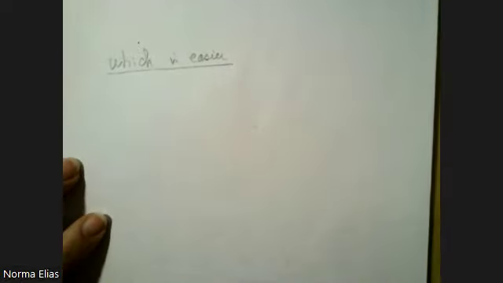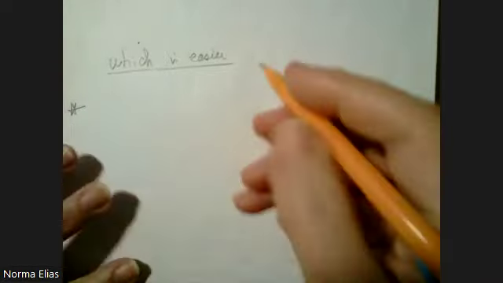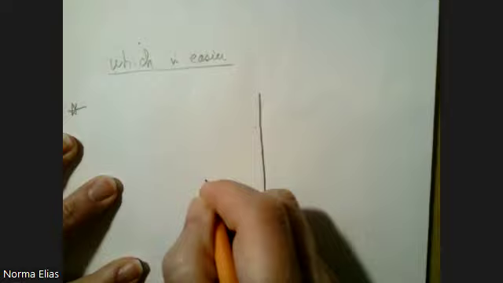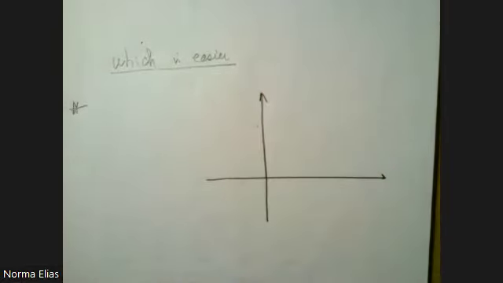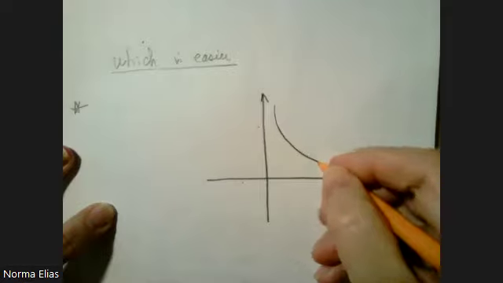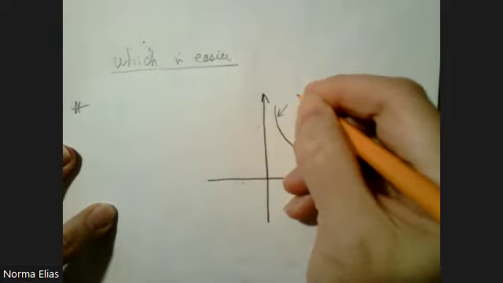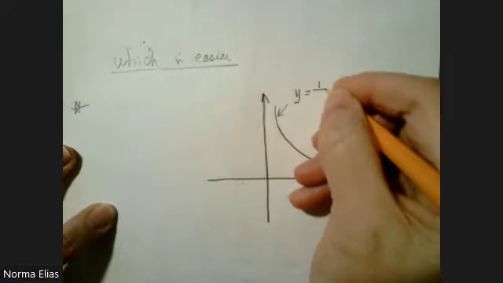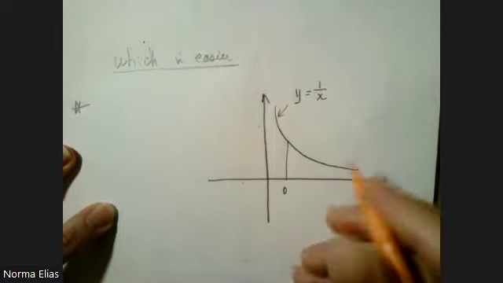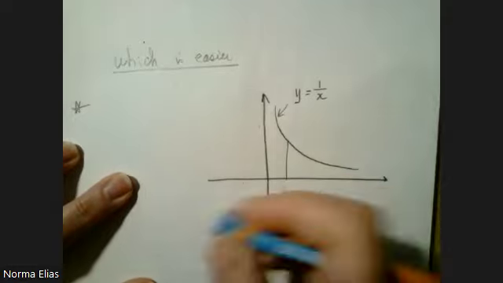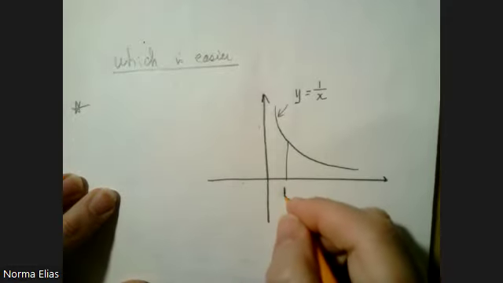So this is my graph. Example number 1. This is the graph, a very simple graph. Y equals 1 over x. So that's the region. And this is 0. This is 1.